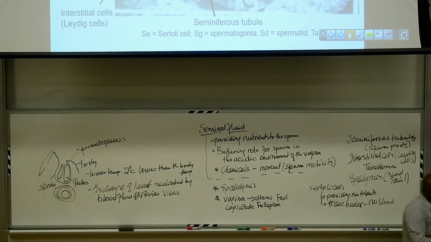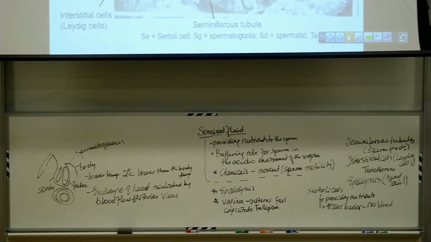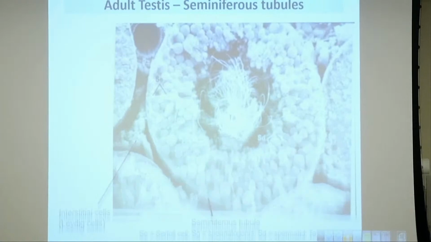Okay? So they are located around the seminiferous tubules, and they are used as a kind of barrier so that there will be no blood coming into the seminiferous tubules.